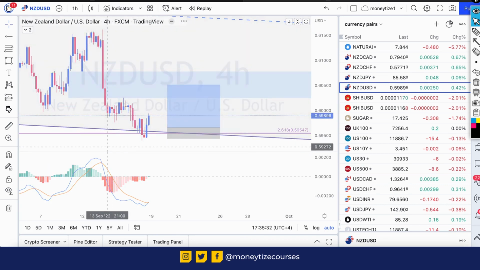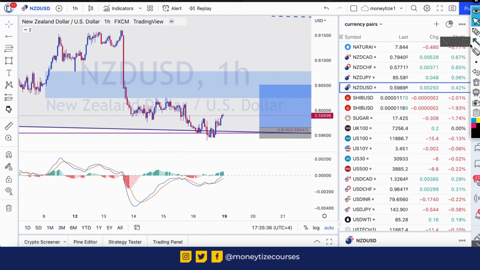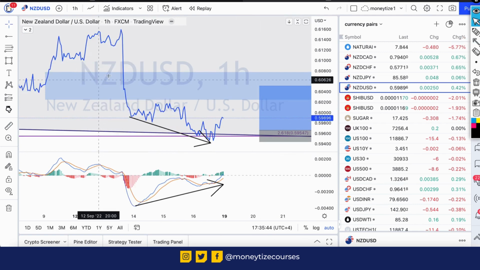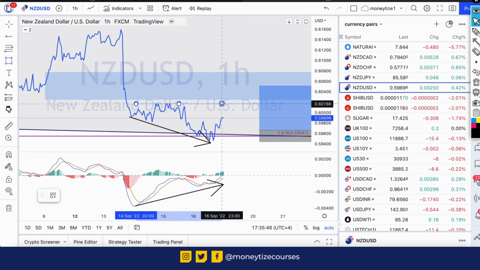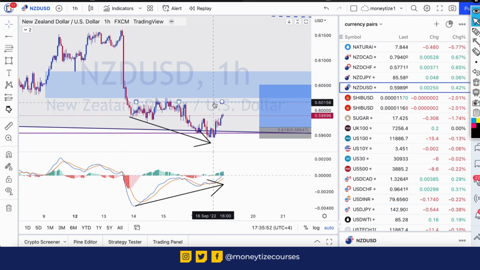Let's quickly move to 1 hourly. On 1 hourly, we have a clear bullish divergence, and let's turn it into a line chart. So this is the structure level based on 1 hourly.